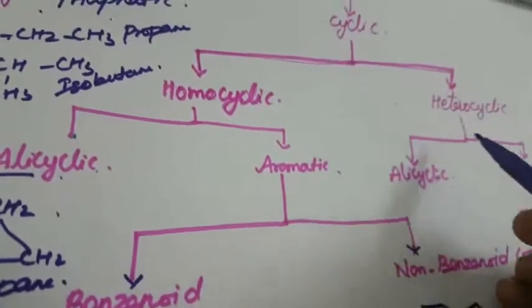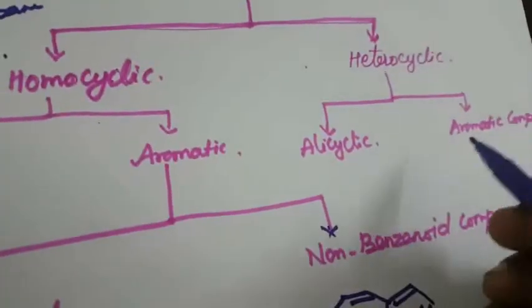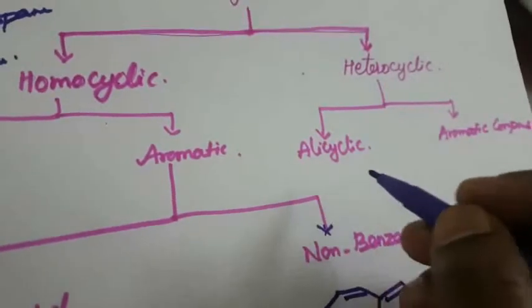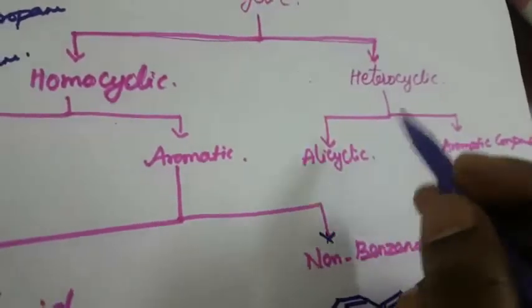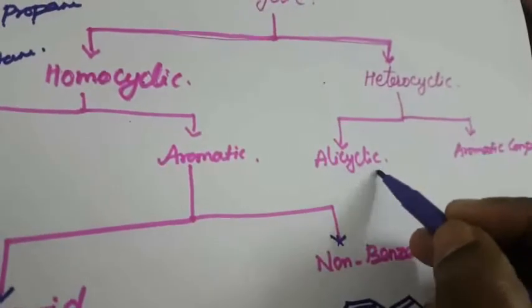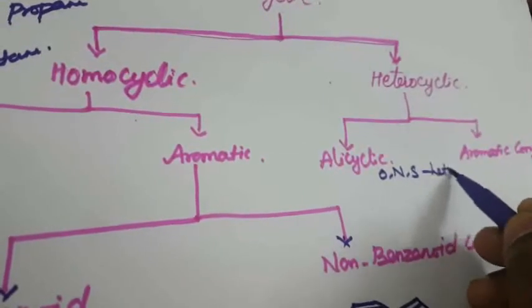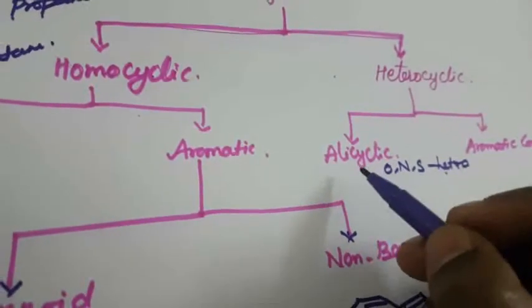Okay, next one is heterocyclic. Heterocyclic is also classified as alicyclic and aromatic. What is meant by hetero? A hetero atom is present in that compound. What are the hetero atoms? That is oxygen, nitrogen, sulfur. These are called the hetero atoms. This hetero atom is linked with a cyclic compound.